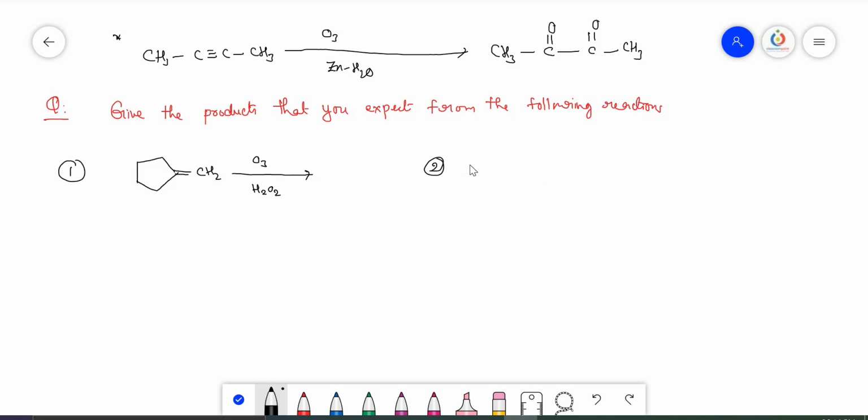Second one is O3, zinc H2O. Next, O3, dimethyl sulfide.